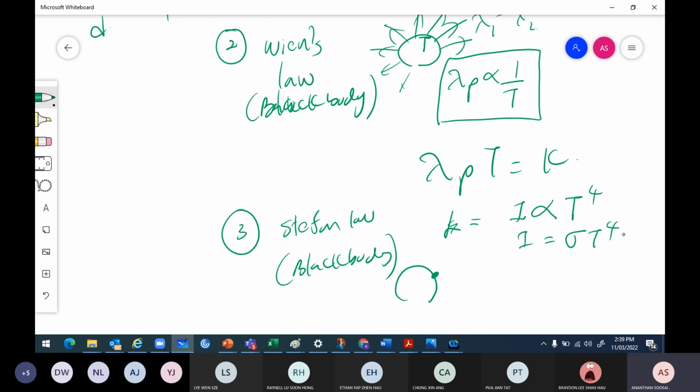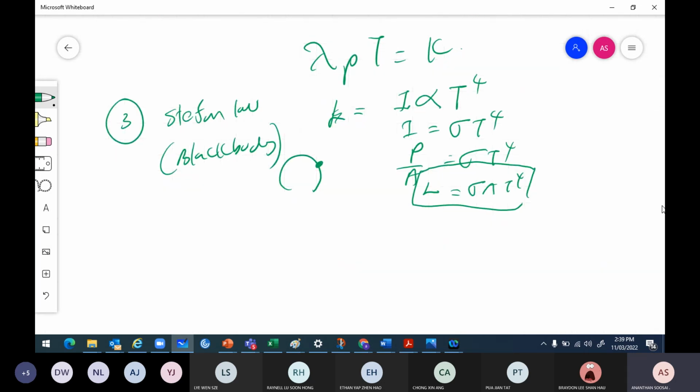When we adapt this to the star, the intensity, which is power over area, is sigma T to the power of 4. For a star, the power is the luminosity. So we end up getting sigma A T to the power of 4. This is the third formula, the Stefan-Boltzmann law.